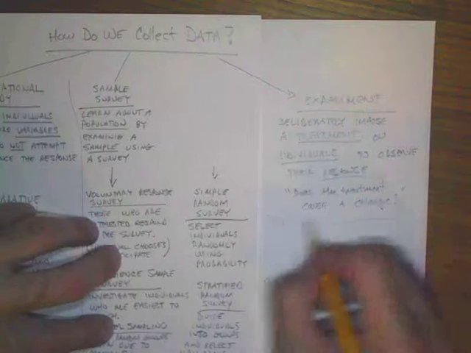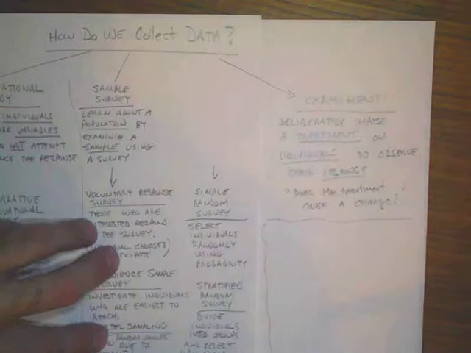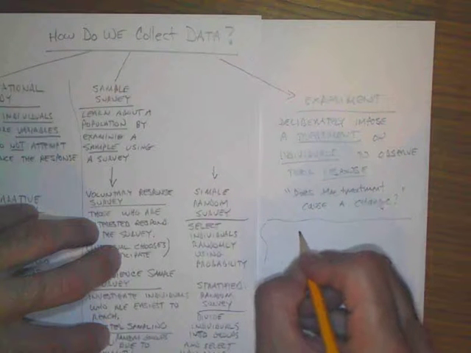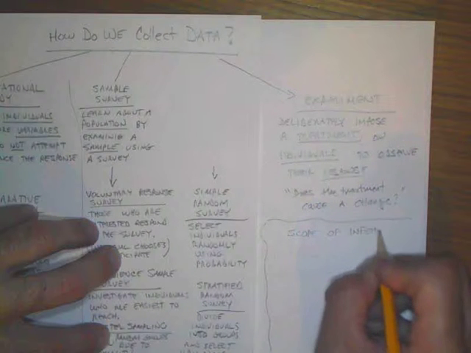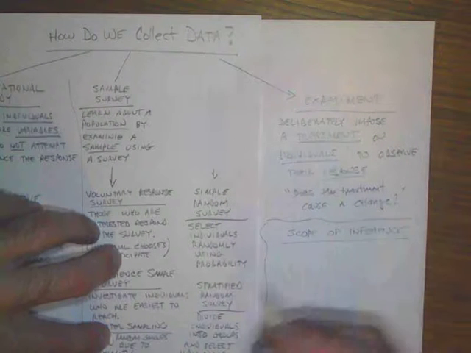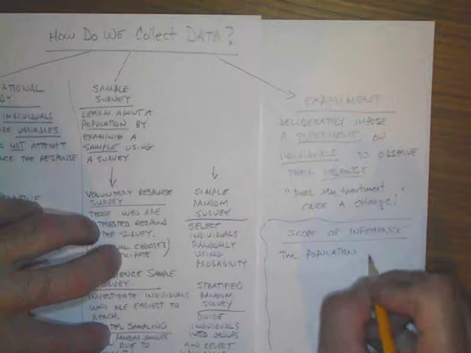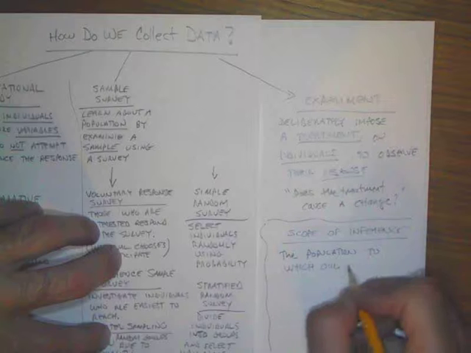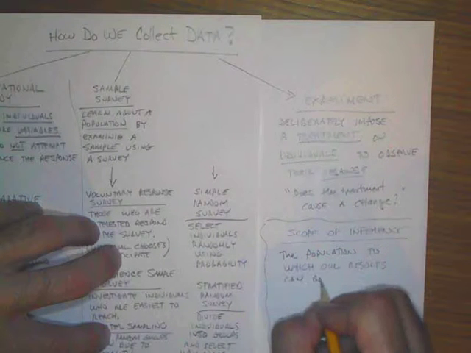Now, when we do any of these things, we are interested in a thing called the scope of inference. And this means the population to which our results can be applied.